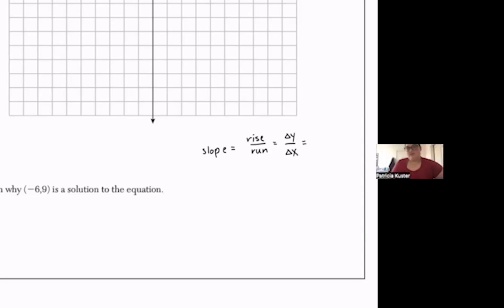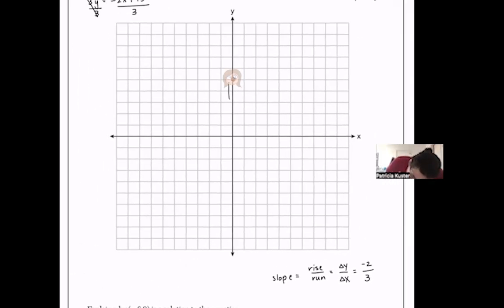In this case, the change in y is negative 2, and the change in x is positive 3. Change in y is going up or down, change in x is going left or right. So negative 2 means I go down 2, and right 3 for that positive change in x. And I'm going to put my next point.